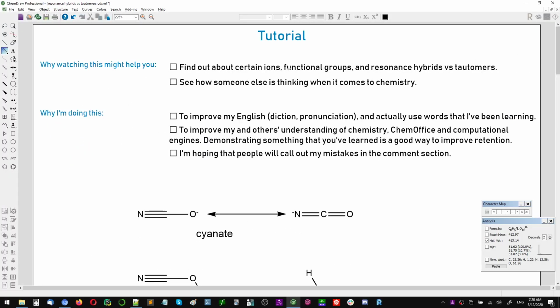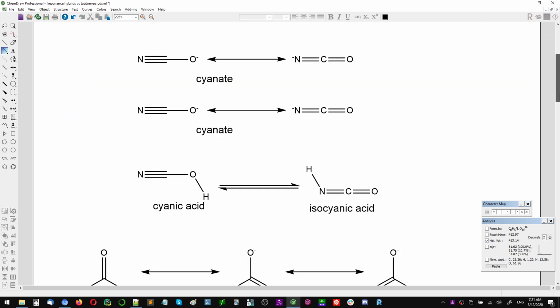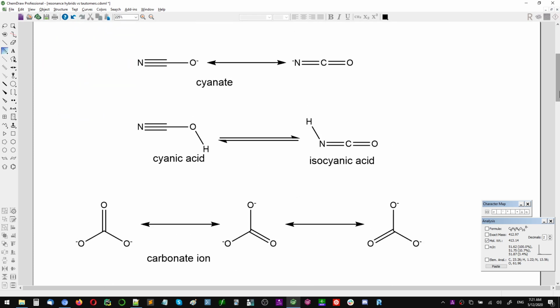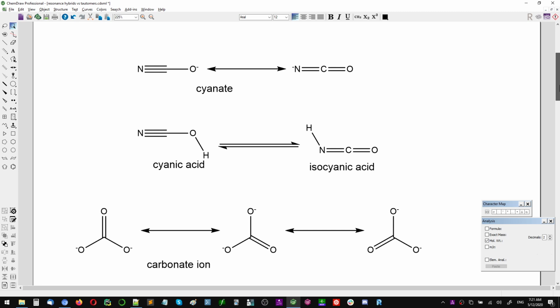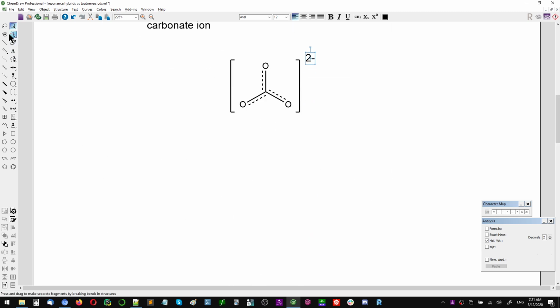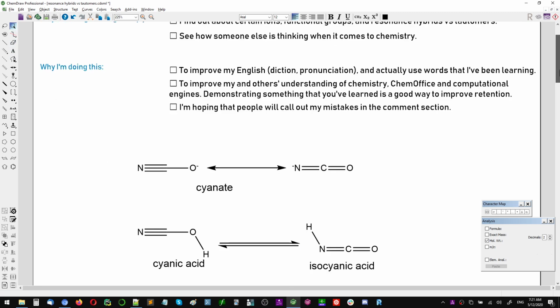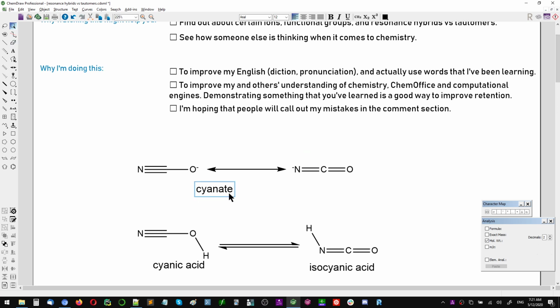Okay, so I also want to discuss a bit other ions and functional groups. More specifically, thiocyanate. Thio means that in cyanate, the oxygen is replaced with sulfur.